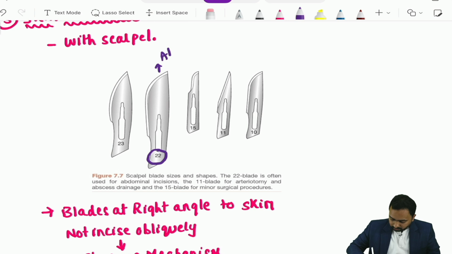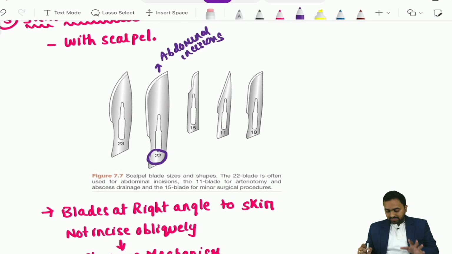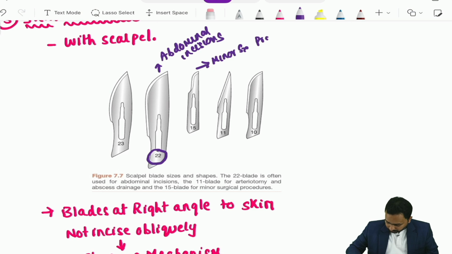So this is used for your abdominal incision. Then you have your blade 15, which is used for your minor surgical procedures. Then you have your blade 11, which is used for your arteriotomy.